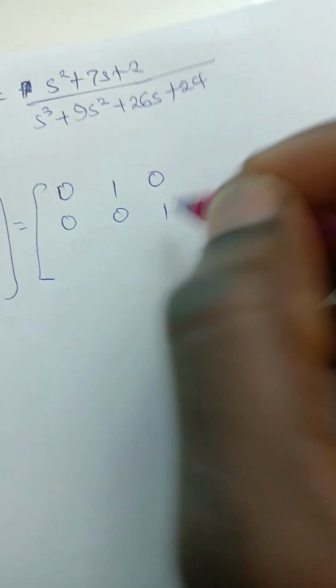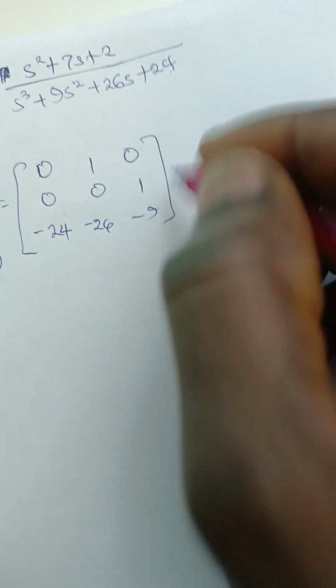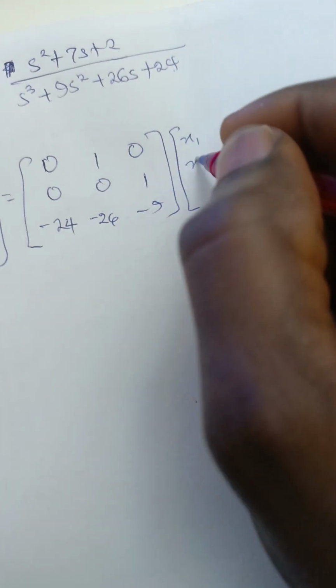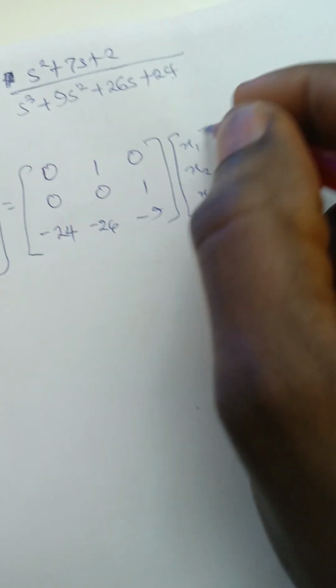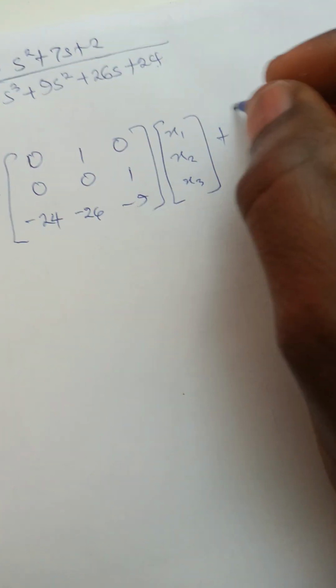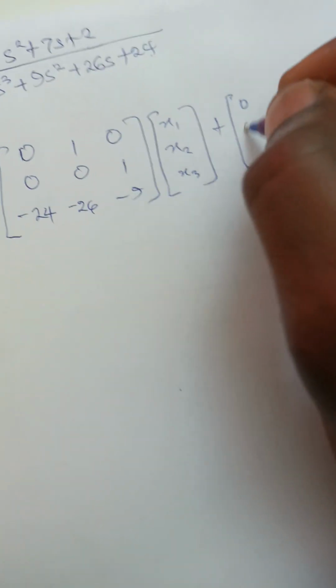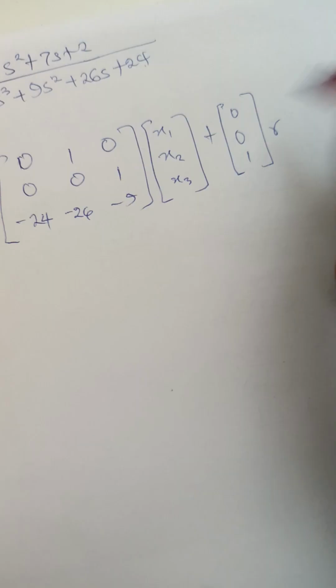It's going to be 0, 1, 0, 0, 0, 1, then minus 24, minus 26, minus 9, times x1, x2, x3, plus 0, 0, 1, then r.